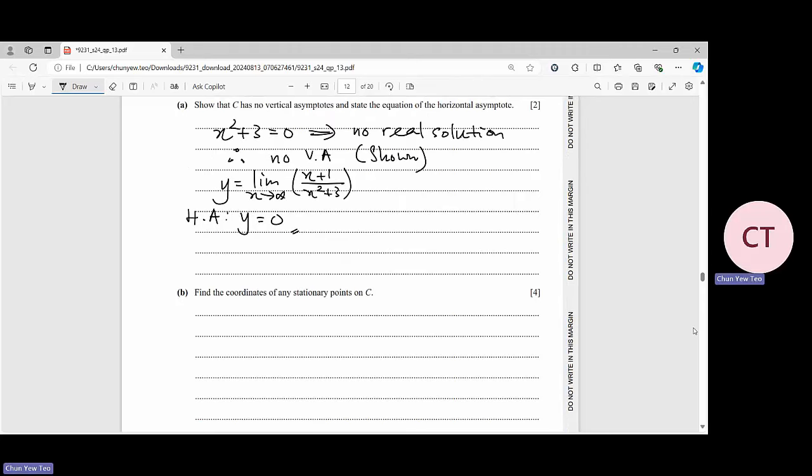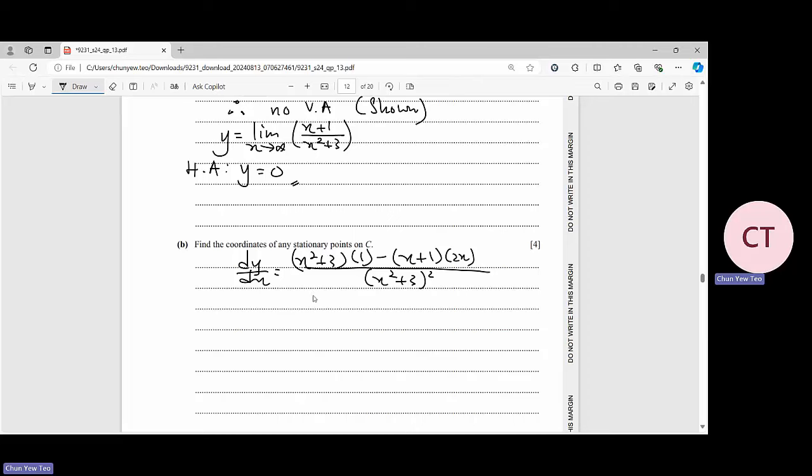Then for 6B, they want to find the coordinates of the stationary points. So to find stationary points, we need dy/dx: keep the bottom, differentiate the top, minus keep the top, differentiate the bottom, divided by the bottom squared. Let your dy/dx equal to 0.